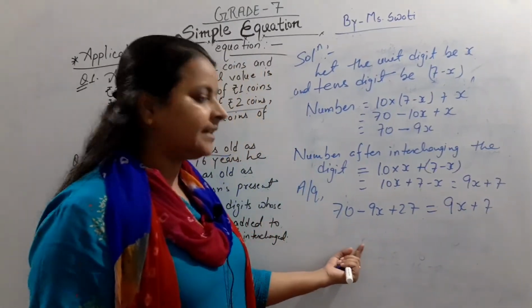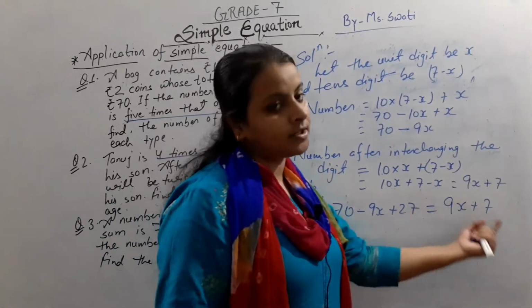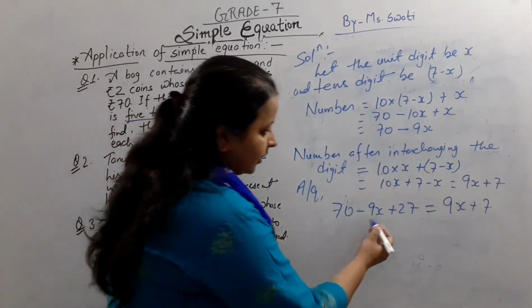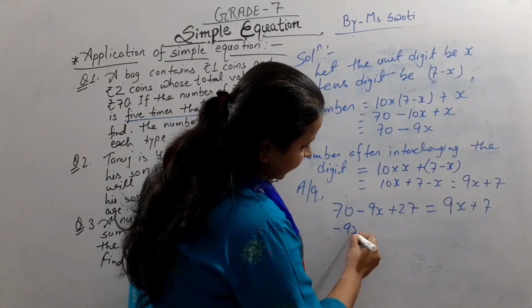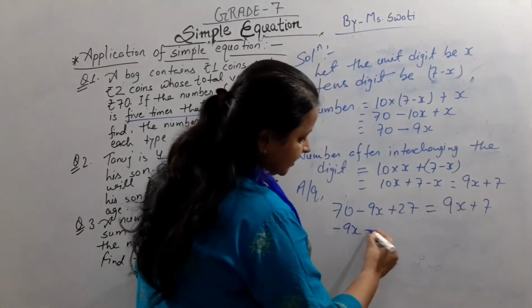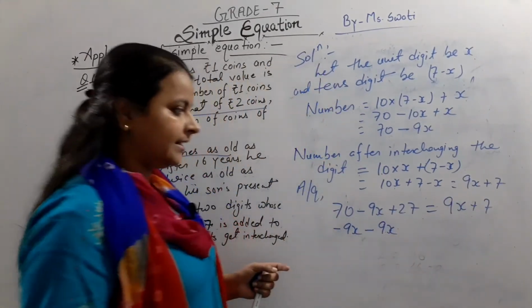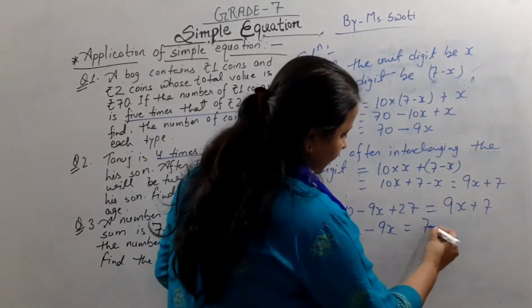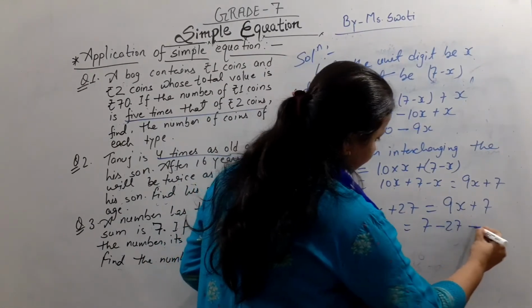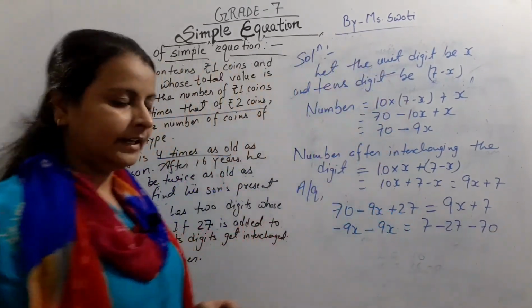So first we arrange the variable on one side and the constant on the other side. So it becomes minus 9x and this 9x comes to this side. Again it becomes minus 9x minus 9x is equal to 7 minus 27 minus 70.